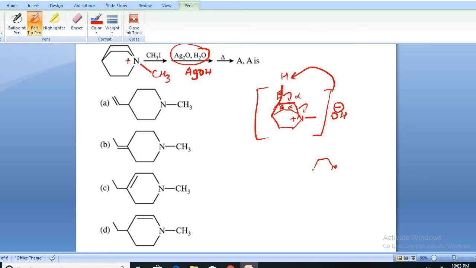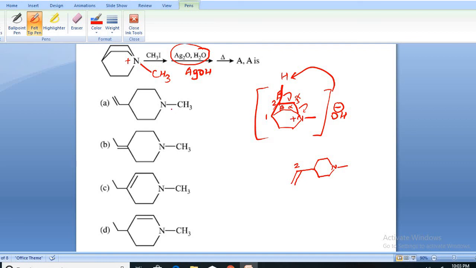And this bond has already broken, right? Now if I'm going to number, 1 is connected to 2, 2 is connected to 3, so this particular ring has ruptured. Now 1 is connected to 2, and 2 is connected to 3, and between 2 and 3 there is a double bond.